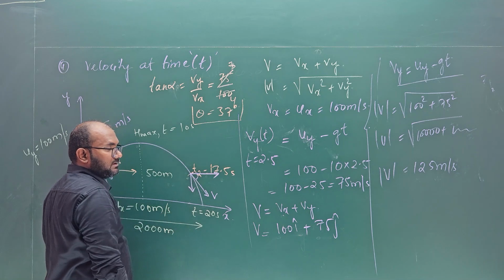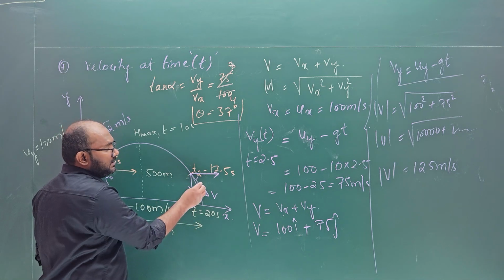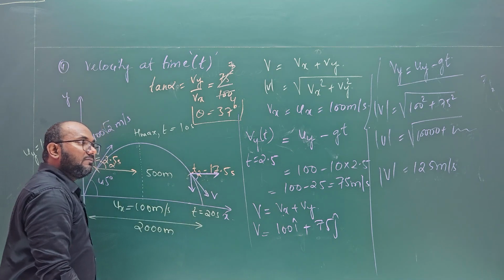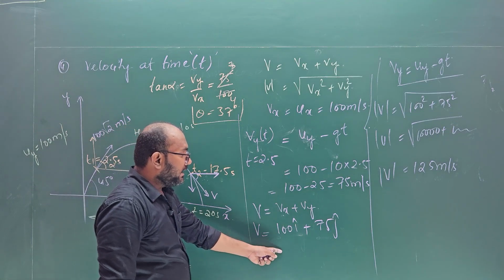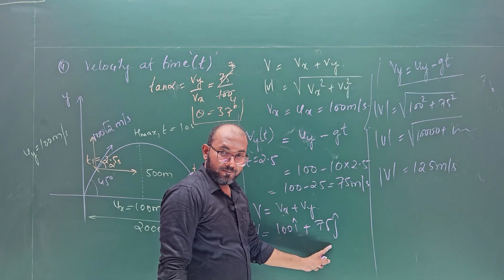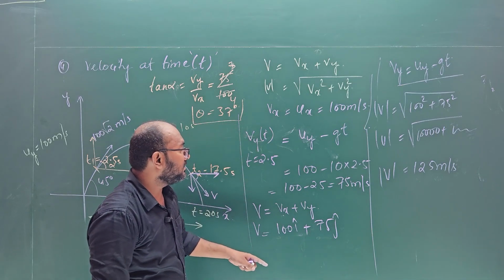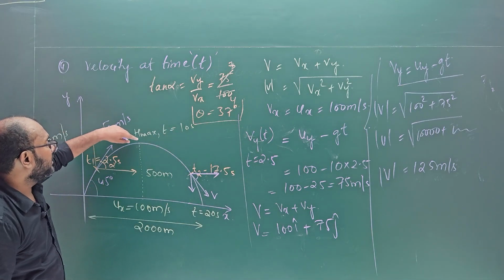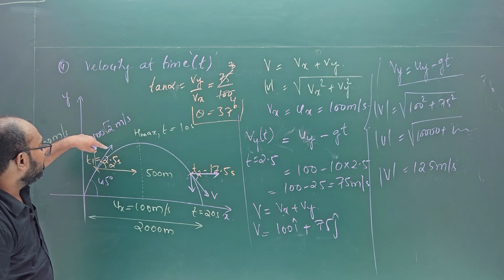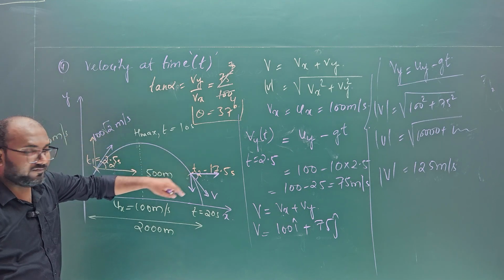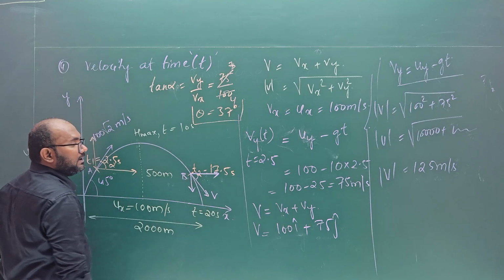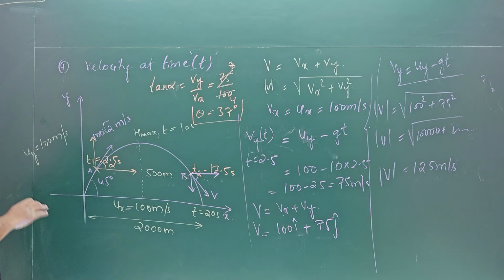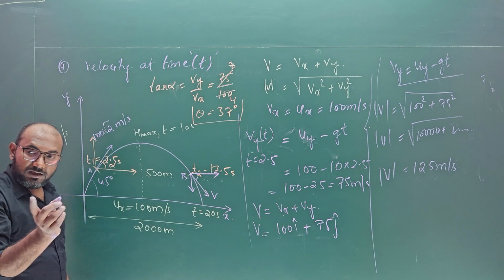Now it is in the downward direction at 17.5. The velocity will still be 100 i cap minus 75 j cap. Substitute and get the answer. Because when I am substituting the value now, I subtracted 7.5 here and added 7.5 here. Definitely the velocity at point A and at point B, if on the same range, both will have the same velocities, but in the opposite direction.